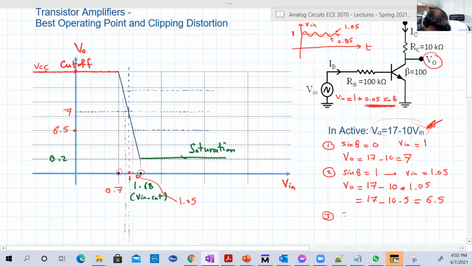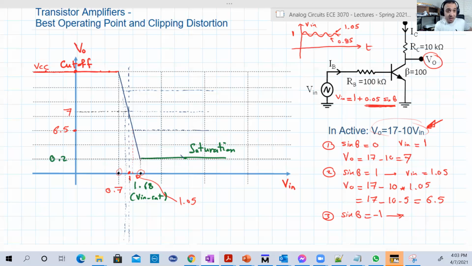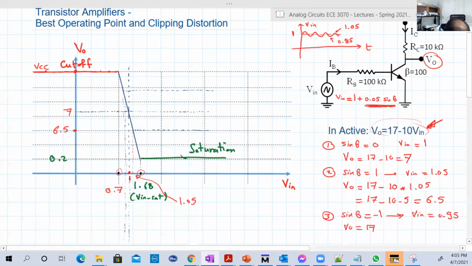Number 3, when sine theta equals minus 1 this time, basically the minimum of the input. When sine theta is 1, this is the maximum input. When sine theta is minus 1, this is the minimum input. So the input here is 0.95. So VO again is 17 minus 10 times 0.95. 0.95 is just before the 1, let's say it's in here. It's greater than 0.7 and less than 1.68. So we're still in active region, so we can still use the equation.